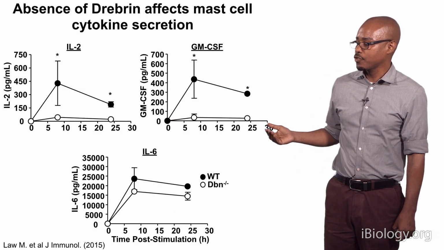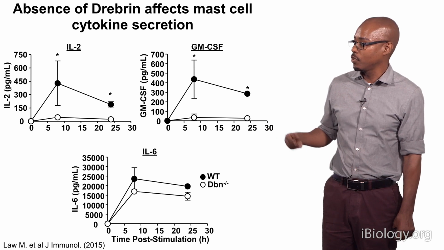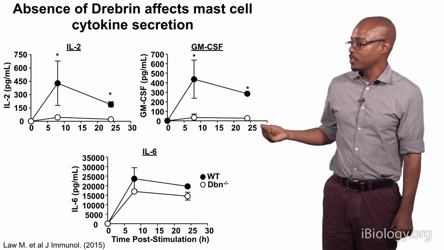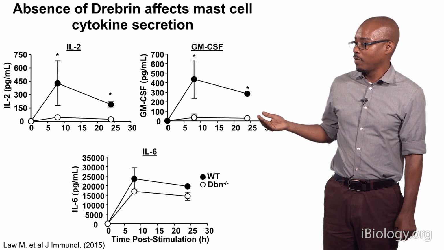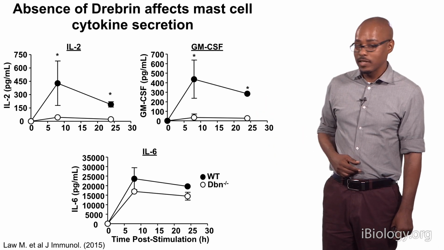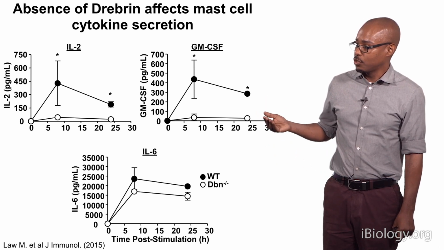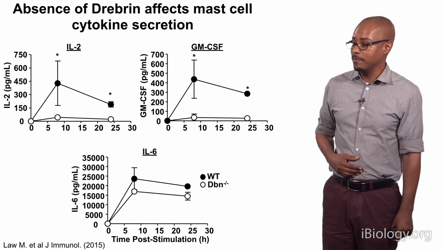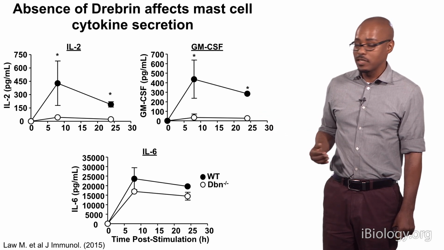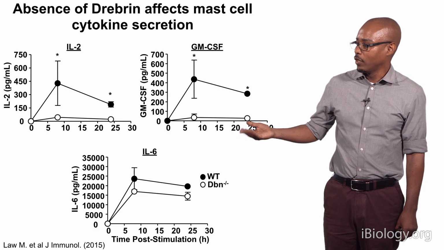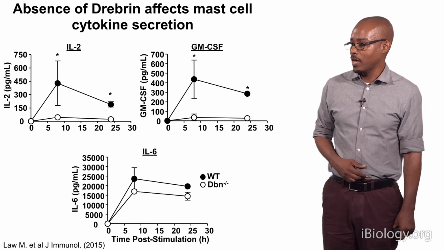The top two graphs are two calcium-dependent cytokines, interleukin-2 and GM-CSF. And you can see here in the filled circles, wild-type cells produce IL-2 and GM-CSF perfectly fine, but in the mast cells that are missing Drebrin, you can see that now they no longer release the calcium-dependent cytokines.